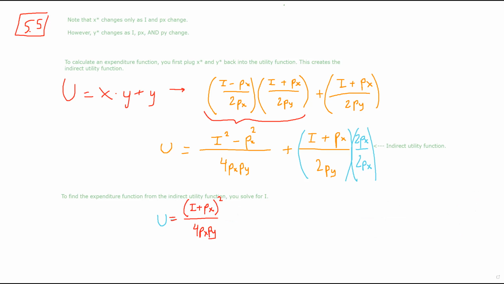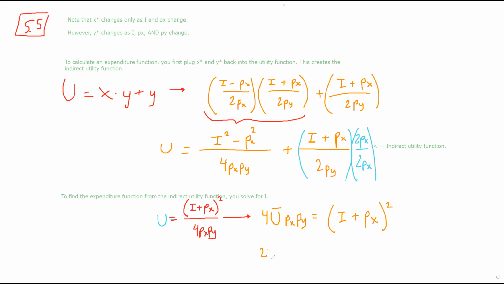Okay. If I ask you to solve for I, what would you begin to do? The first step might be to multiply first by 4pxpy. So I get u bar times 4, 4 u bar px times py equals I plus px squared. Then I'm going to take the square root of both sides.